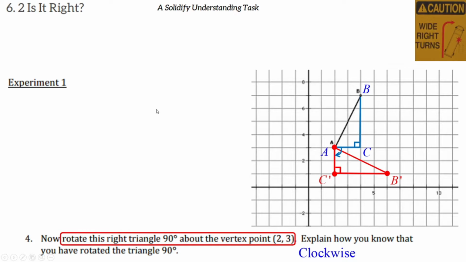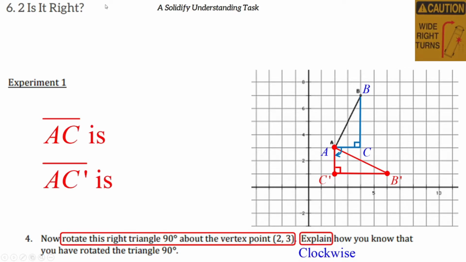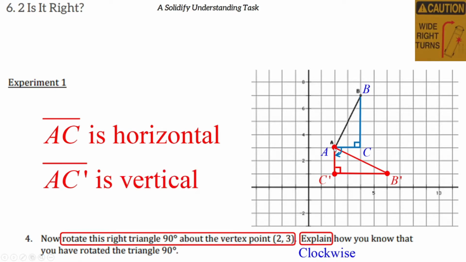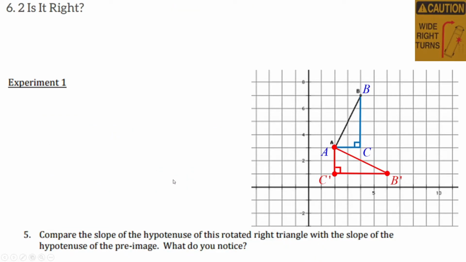Well, AC right there, that's horizontal. Segment AC prime is this segment right here, and that's vertical, and we know that horizontal and vertical lines must be perpendicular. Check.